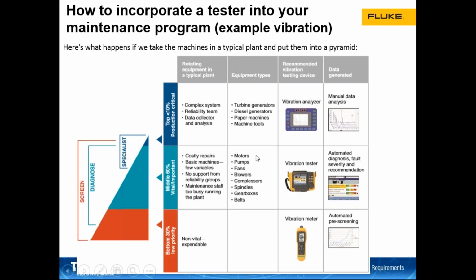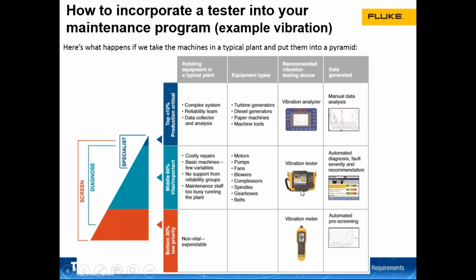So why use a high-end analyzer and a vibration expert? And again, we're just using vibration as an example. The same thing can be done for electrical tools or for thermography tools. But if you were to look at your tools, why use a vibration analyzer on simple motors, pumps, fans, compressors?